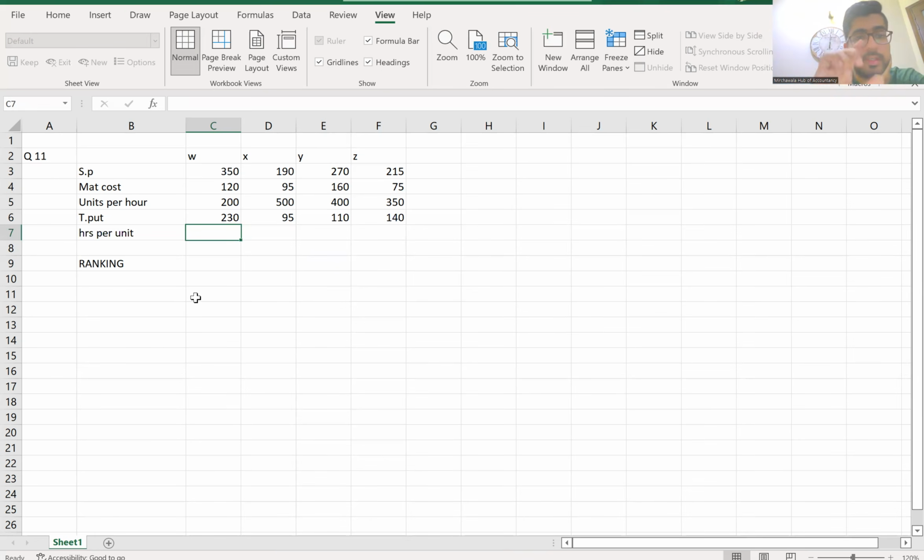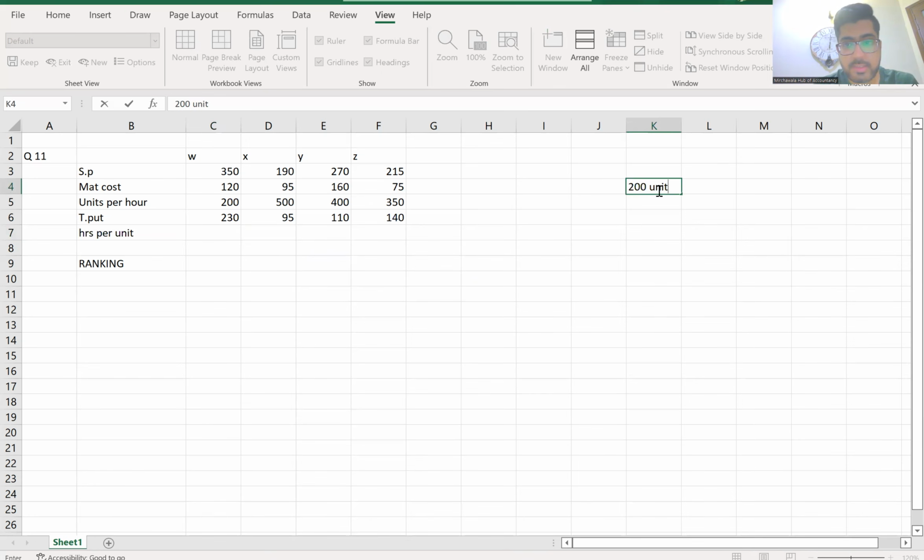So product W, 200 units are made in 1 hour. If 200 units are made in 1 hour, how many hours is 1 unit taking? You need to do 1 divided by 200.